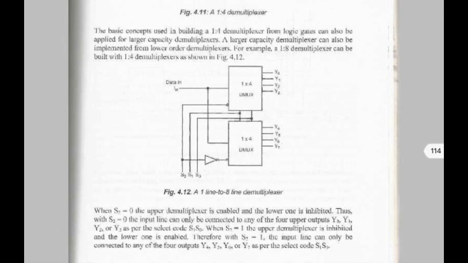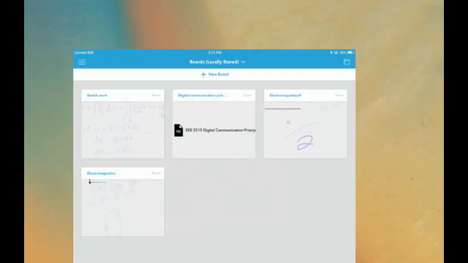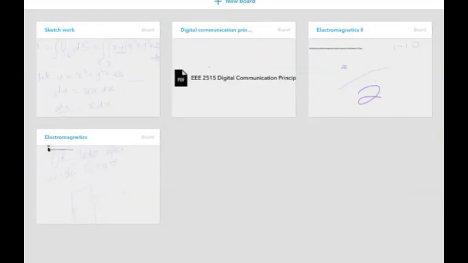I can use a diagram on a different page. It will allow you to see what I'm doing.